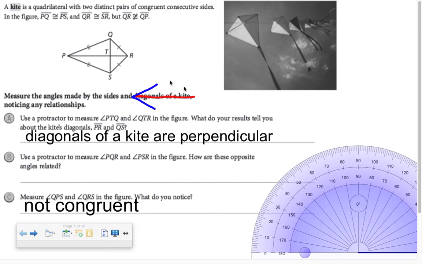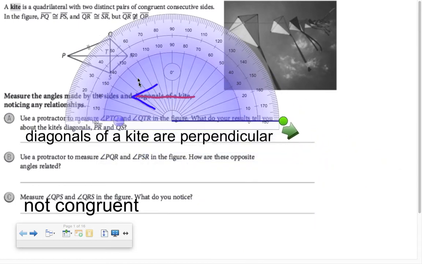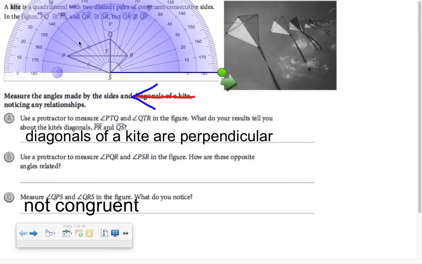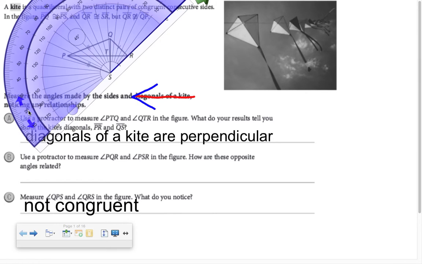And let's measure the angles that they suggested that we measure. So angle PSR and PQR. Okay, so PSR is approximately, let's say 115.